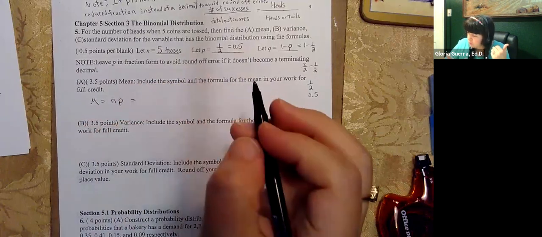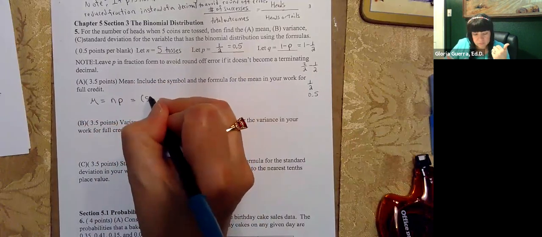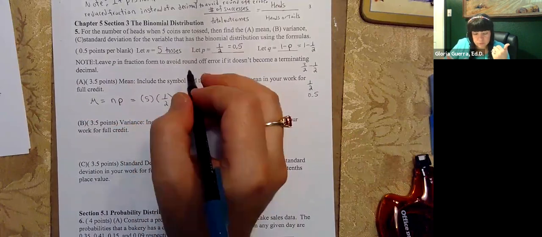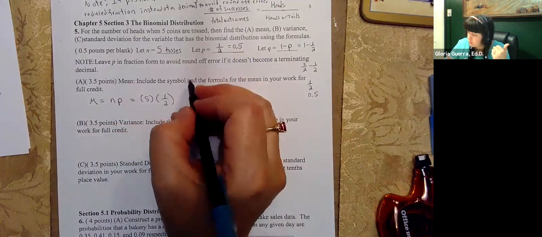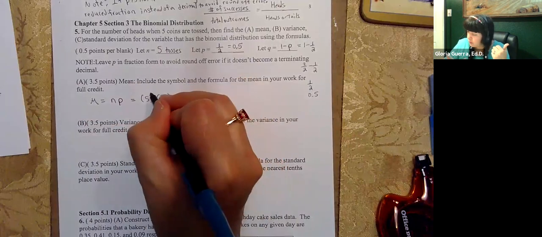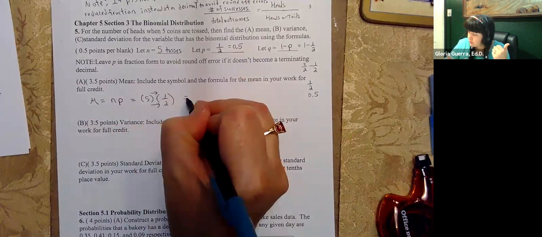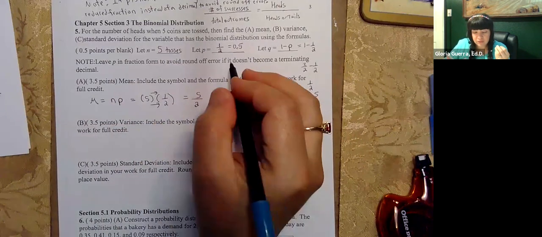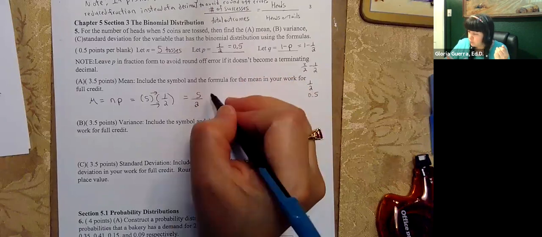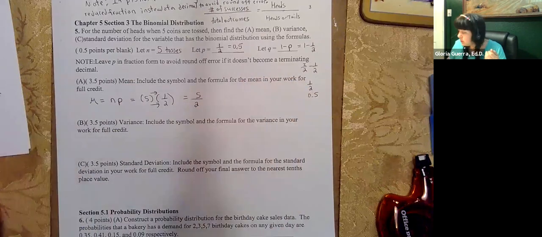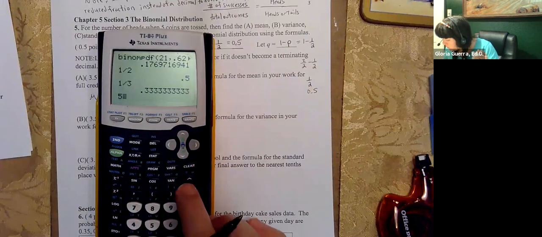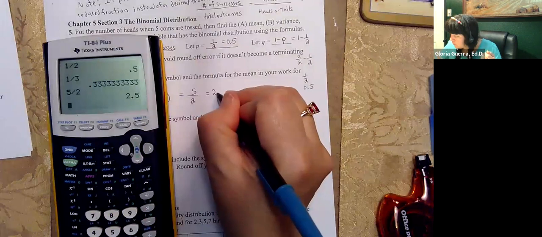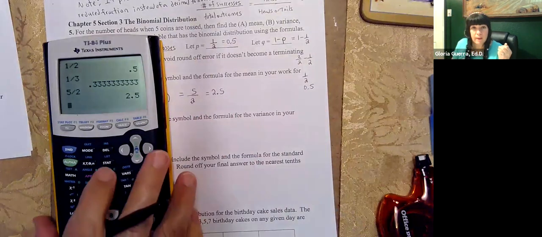Here n was 5 and p was 1/2. When you multiply that, 5 times 1 is 5, and 1 times 2 is 2. That's 5/2, and 5 divided by 2 is 2.5 as a decimal.